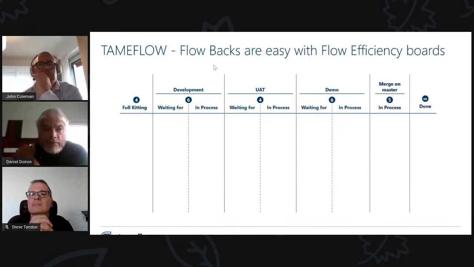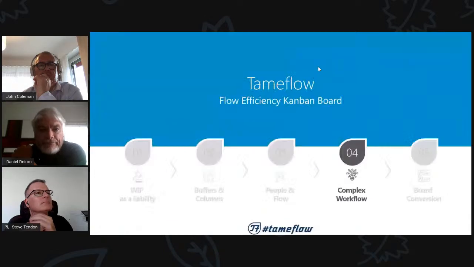So flowbacks are easy with flow efficiency Kanban boards. Of course, we don't encourage flowback. We encourage people downstream to fix the problem whenever a problem arises. And in fairness, so does the Kanban method.